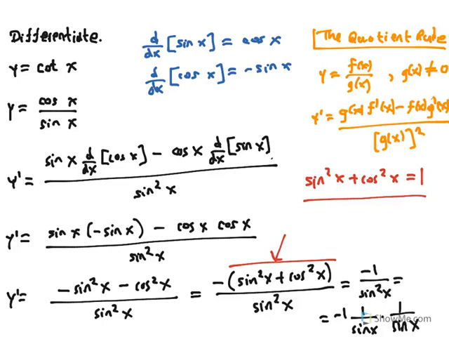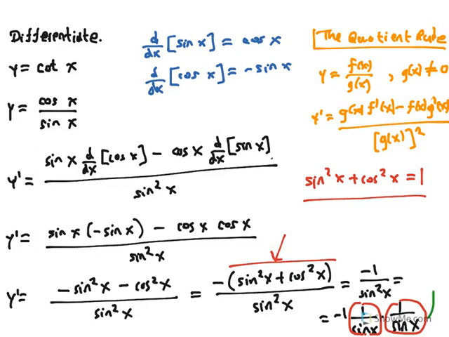And 1 over sine x by a reciprocal identity is cosecant x. So you have negative 1 times cosecant x times cosecant x, or negative cosecant squared x. And that is in fact the final answer.